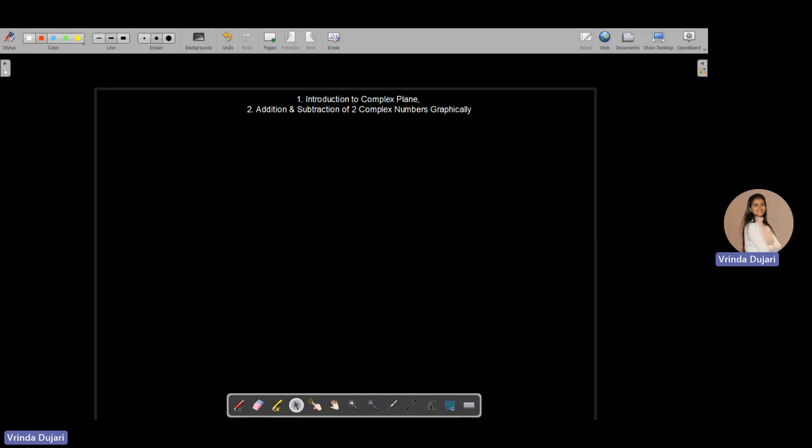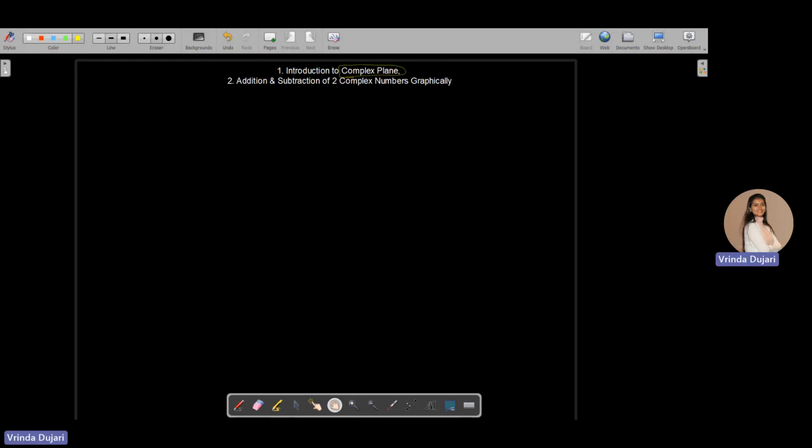So first of all, let's get started with what a complex plane is. That is the first thing we'll understand. You know what a coordinate plane is, right? I'm going to draw a coordinate plane. This is how we have our coordinate plane.